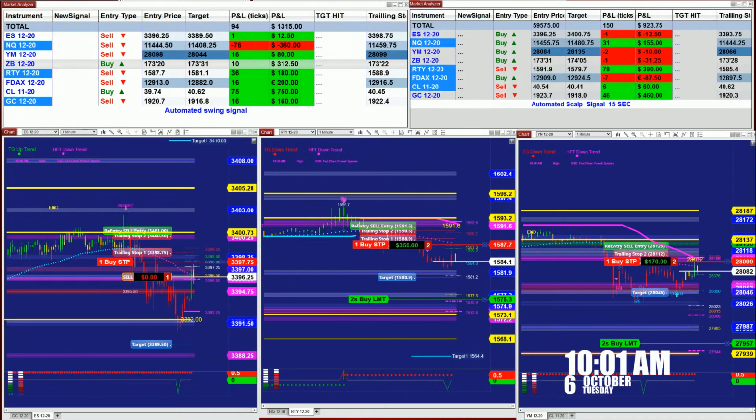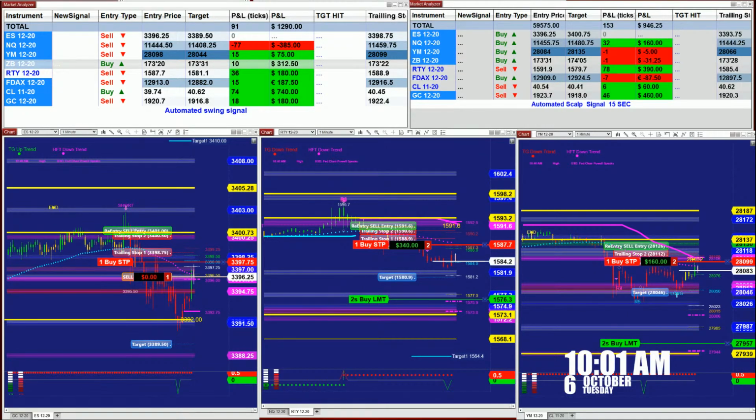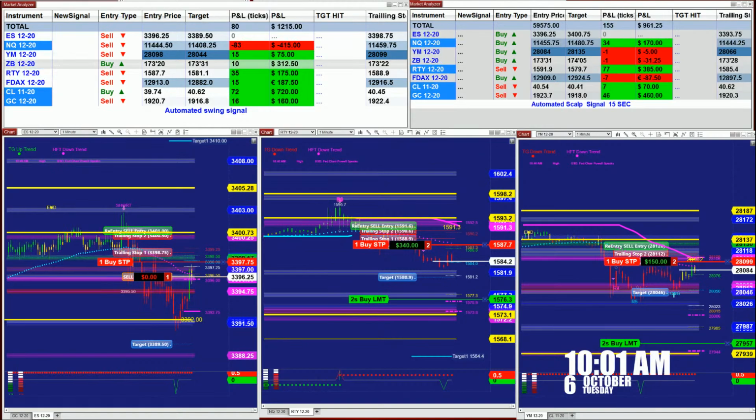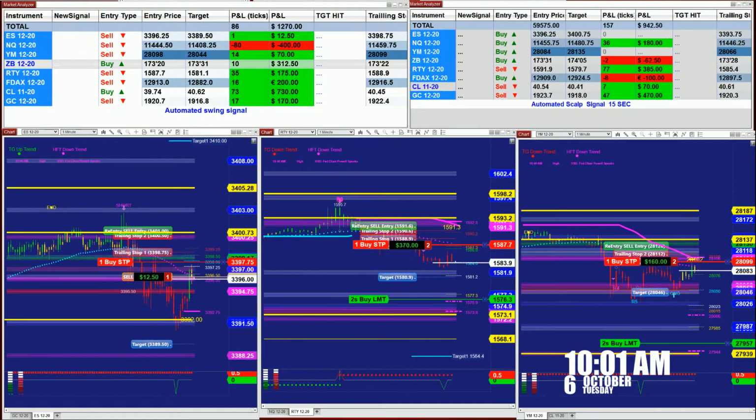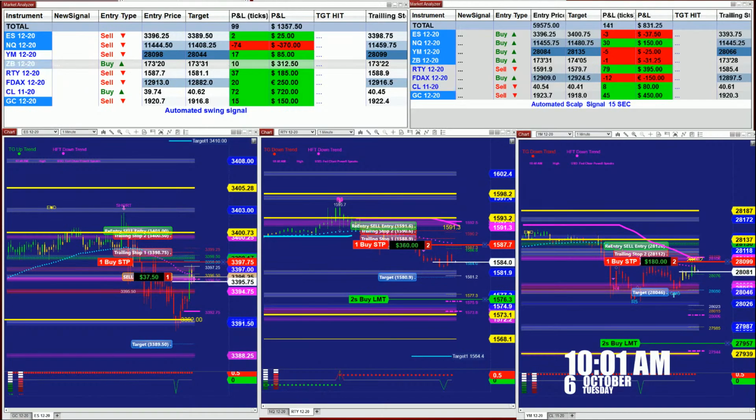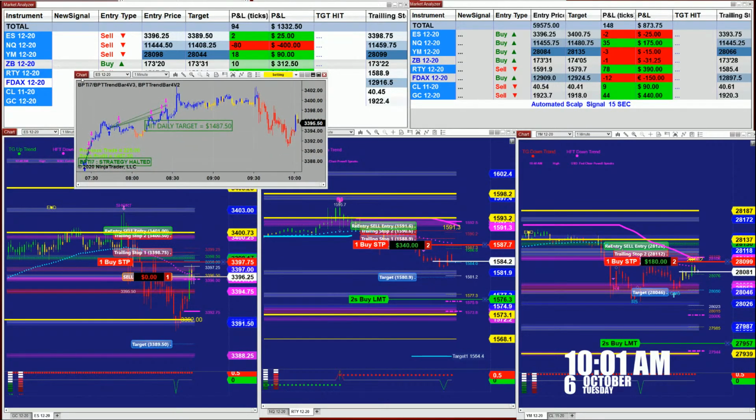For the TI7, this is a totally different automated trade also. It was beautiful on the ES, and this is the 1 minute ES, nailed 1,487.